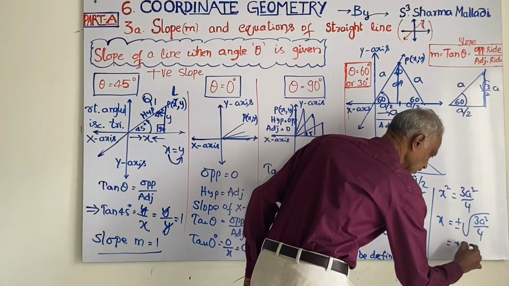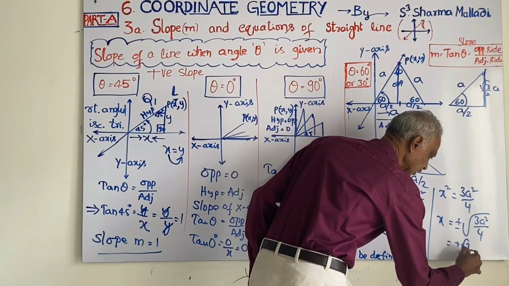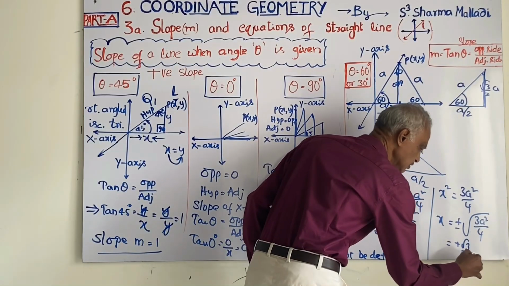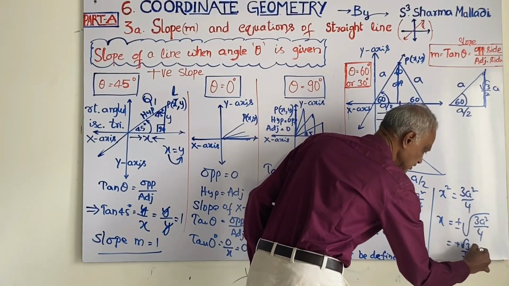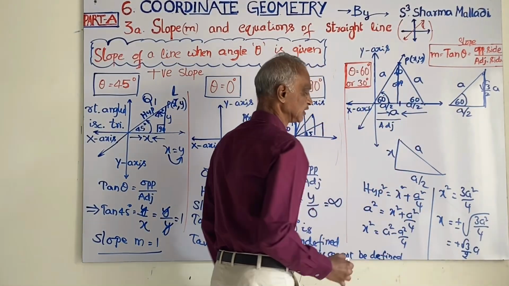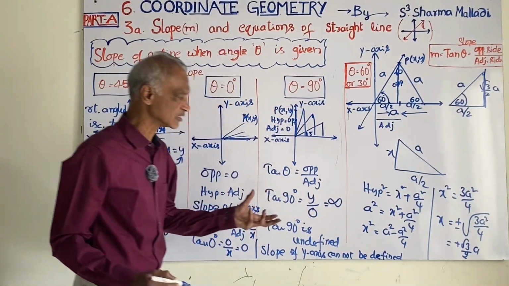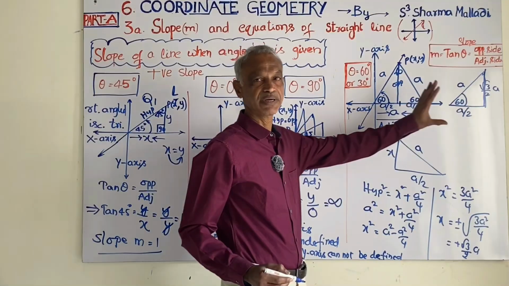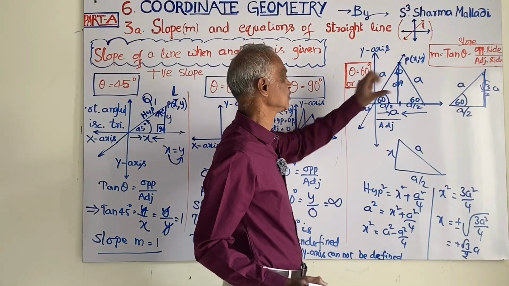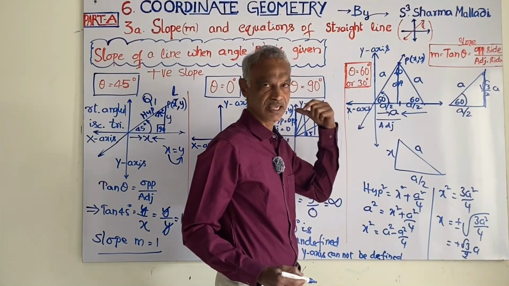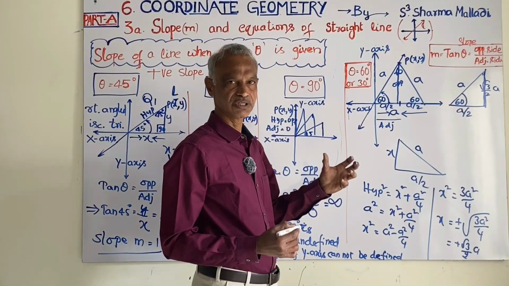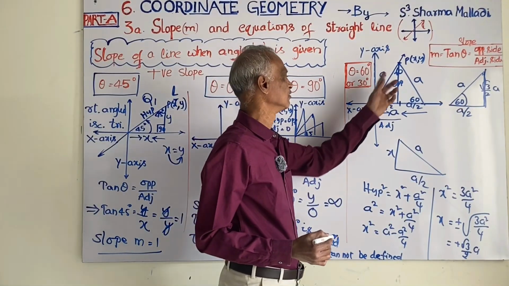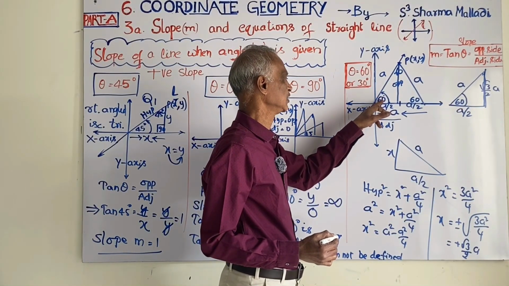That's why you take root 3 by 2. Root 4 means 2 and root a square means a. Therefore, the value of x is root 3 by 2 a. You understood this by the Pythagoras theorem. You have to find the opposite side; the adjacent side is a by 2. So you can find the slope of this line when theta is equal to 60 degrees.